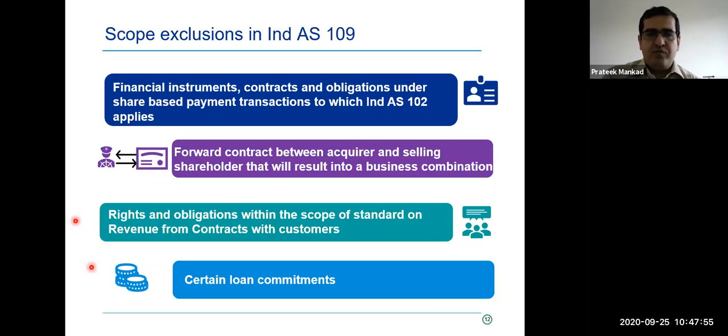Now, remember, in most of our loan clauses, we have a condition that if your credit performance deteriorates, the lender can unilaterally cancel that right. Basically, the lender gives a window, but says at the end, it is my discretion. But there could be loan commitments where that discretion is taken out. Those loan commitments are generally fair valued and hence out of scope of the standard.